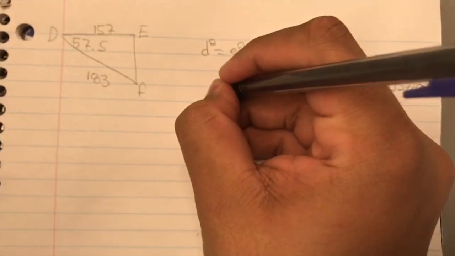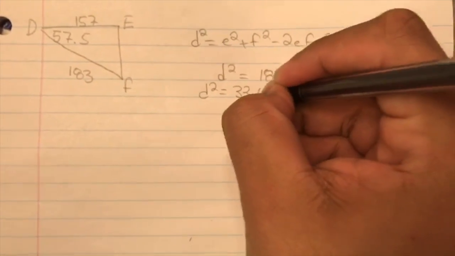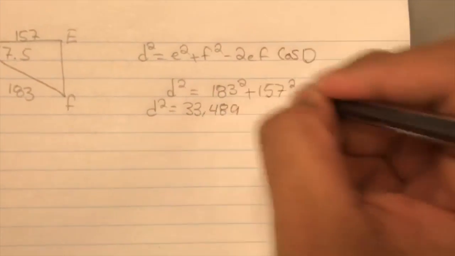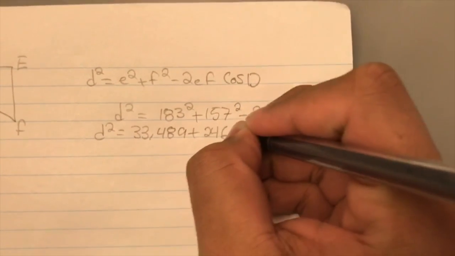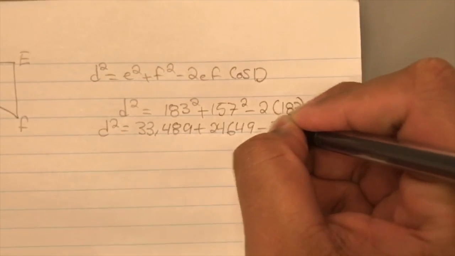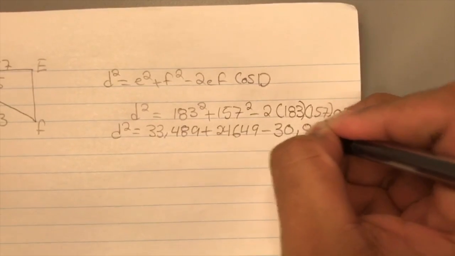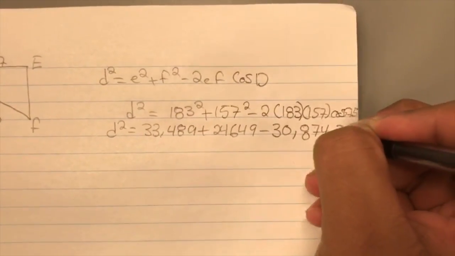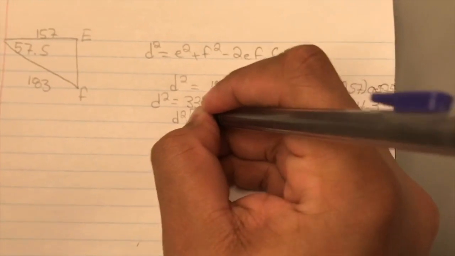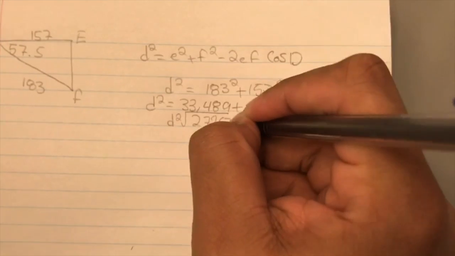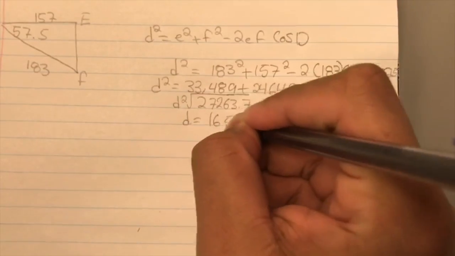Ran out of space on that page there, so let's put equals 33,489 plus 24,649 minus 338.3, and with that you get, in total, and you want to square root that, and then the square root of that is 165.1.